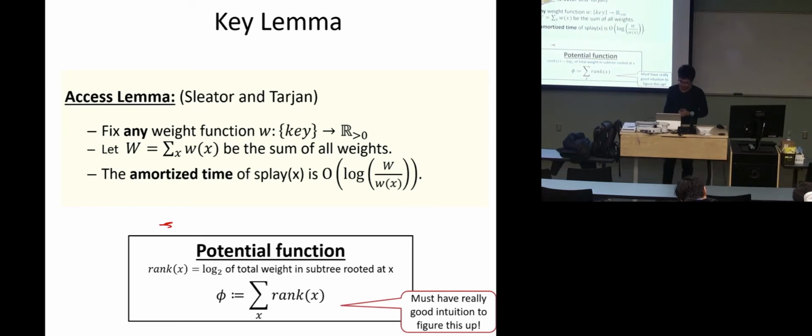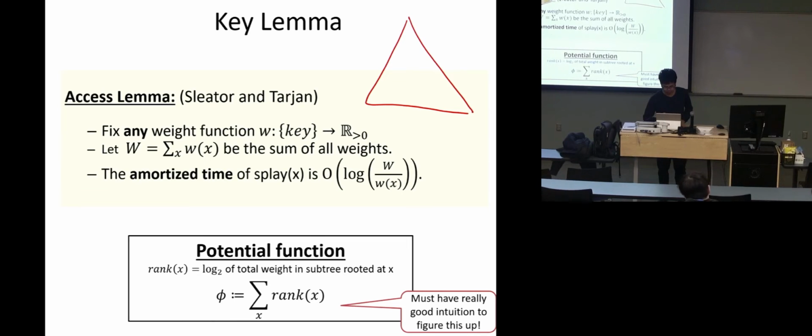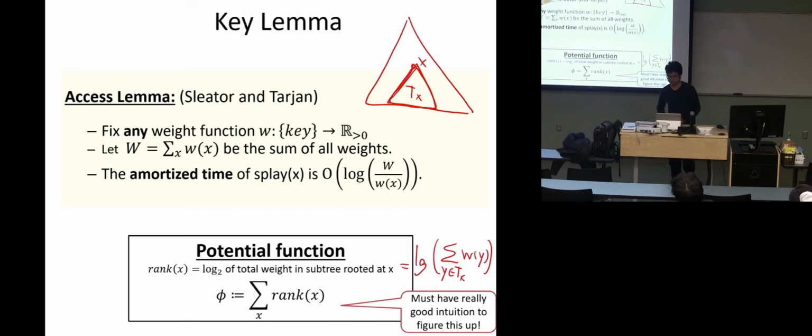Just to make sure you understand, if this is x, and call this thing Tx the total subtree rooted at x, then the rank is the log of the sum of the weights of y where y is in Tx. That's the rank, and our potential is the sum of the ranks.